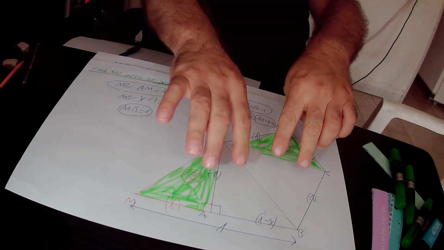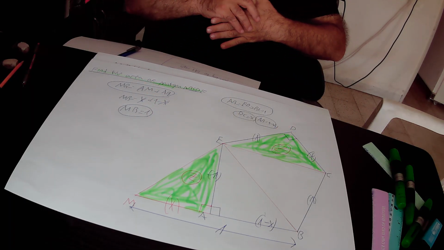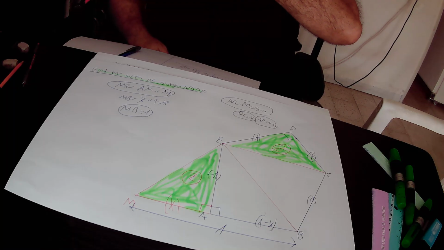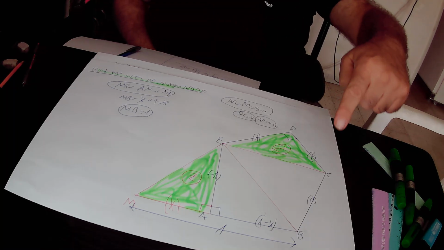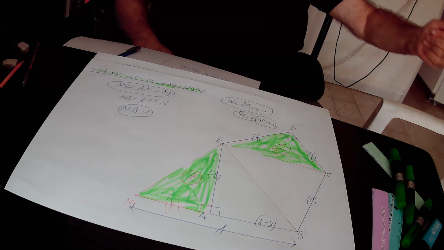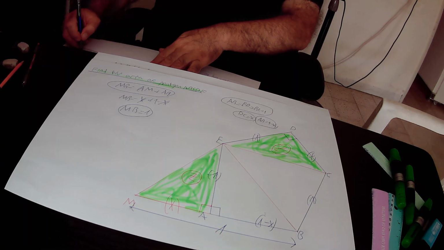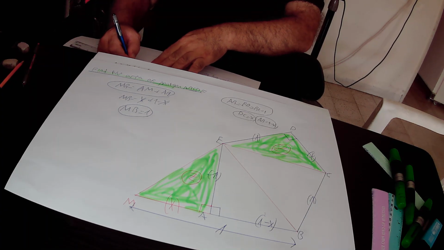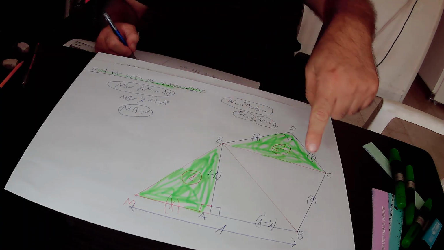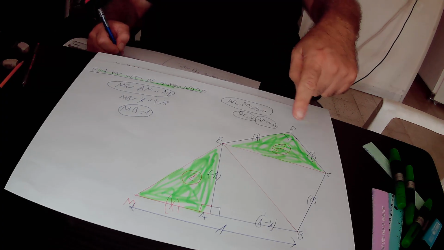So why can those two triangles go into each other? First of all, side MB of the triangle EMB is equal to side BC of the triangle EBC. They are both equal to 1 and therefore they are equal to each other. So write it down. Side MB of triangle MEB is equal to side BC of triangle EBC.